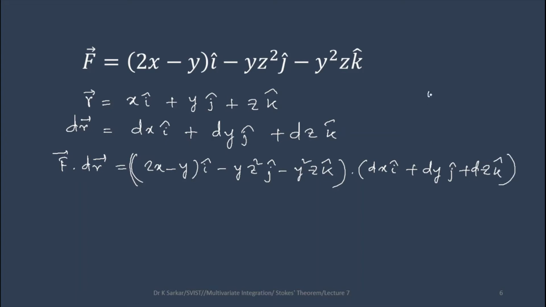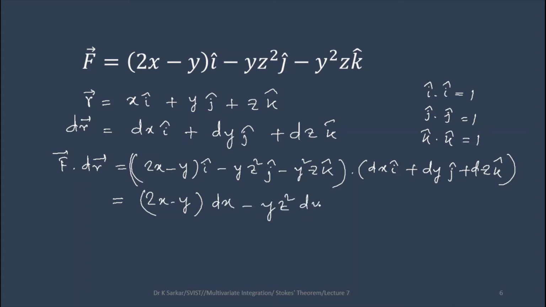As you know, i dot i equals 1, j dot j equals 1 and k dot k is also 1. Therefore, we will have only (2x minus y) dx minus y z squared dy minus y squared z dz.